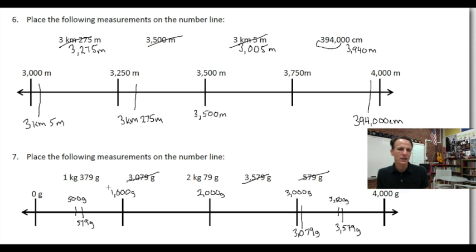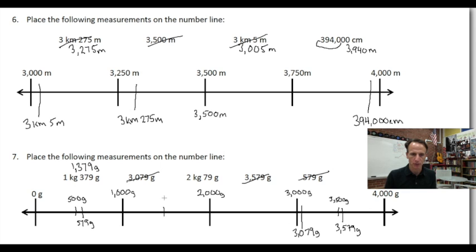All right, now we have these two that are given to us in mixed units, which we will convert all into grams so as to more easily and accurately place them. So we have 1 kilogram, 379 grams. Well, we know that 1 kilogram is 1,000 grams, correct? So 1 kilogram is 1,000 grams with the 379 grams, 1,379 grams. Can we place that? Well, we can see it falls between 1,000 and 2,000 grams.